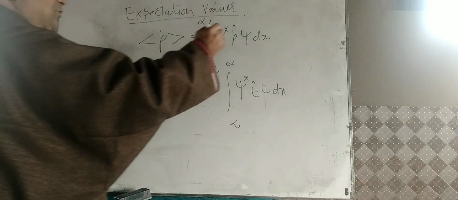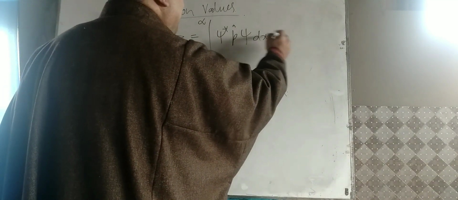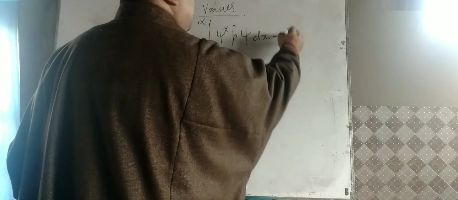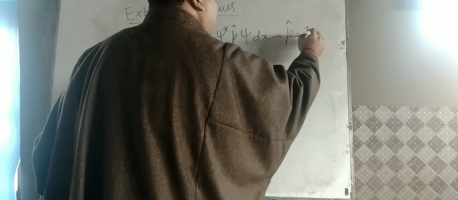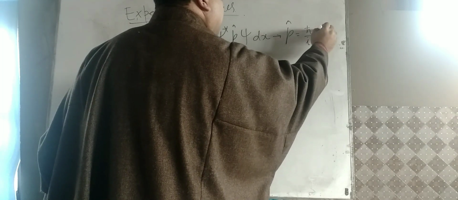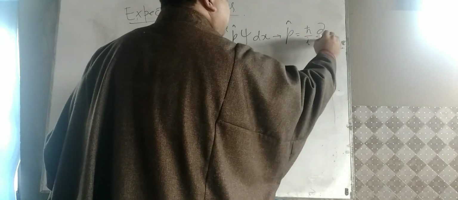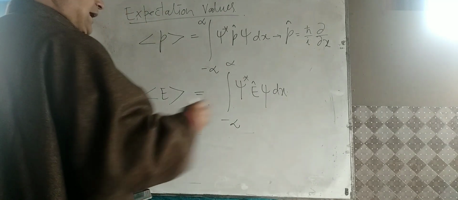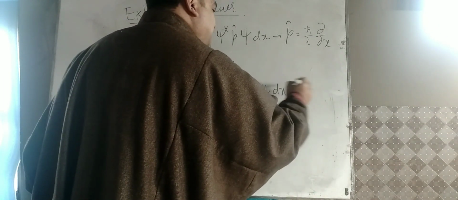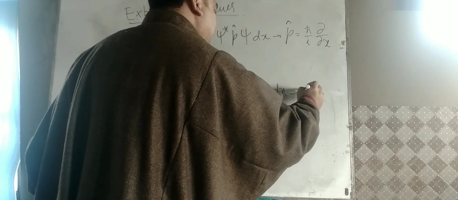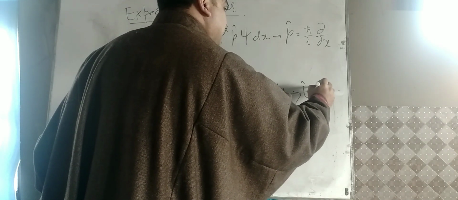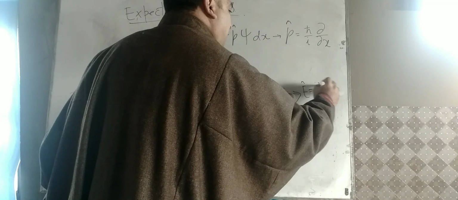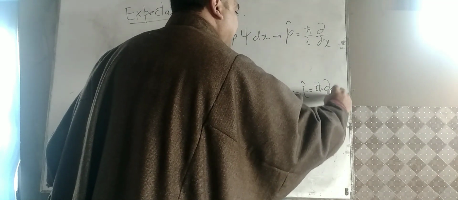So in this equation, all you have to do is replace this momentum operator by its value. What's that? That is h bar by i, del by del x. In this case, the energy operator has to be used, and the energy operator is i h bar del by del t.